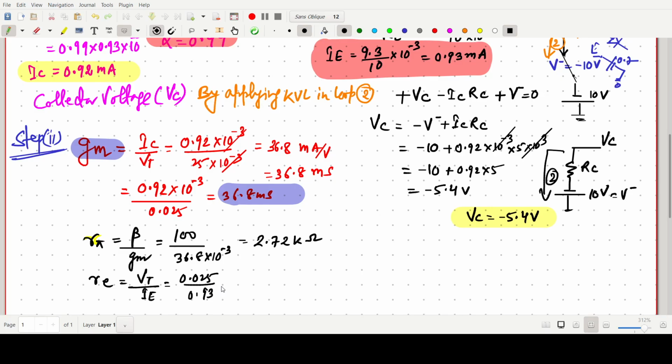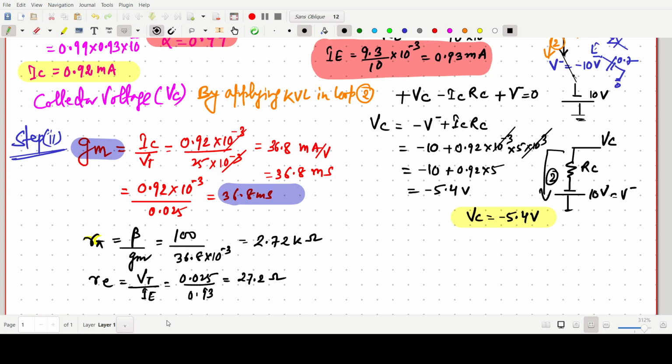Okay, if we solve, it will come around 27.2 ohm. So this one is some important observation, that r pi and re.